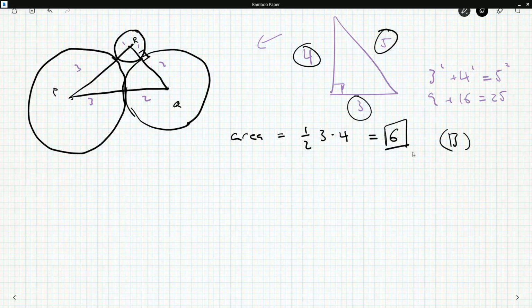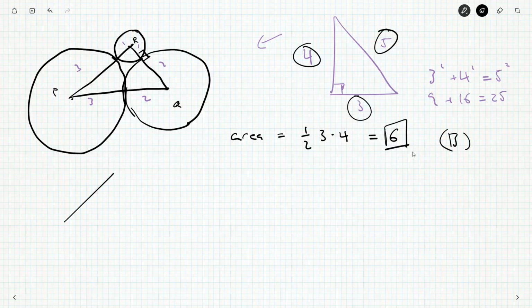That's B. Now, if you don't know Heron's formula, I'll just briefly mention it in case you are looking for ways to do this question when you're not lucky enough to have right angles here. Just because you've got 3 mutually tangent circles does not mean you'll get right angles here. But usually, well, always, the 1, 2, and 3 will give you a 3, 4, 5 triangle.